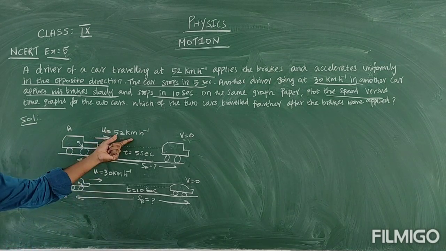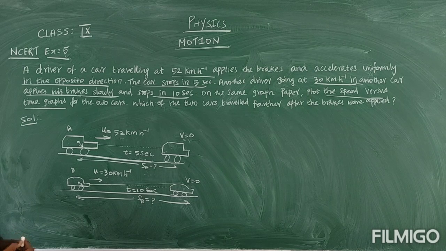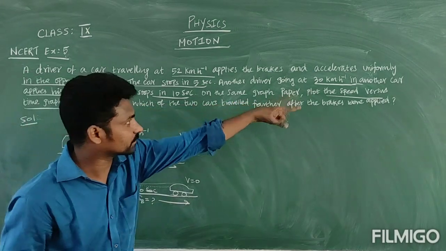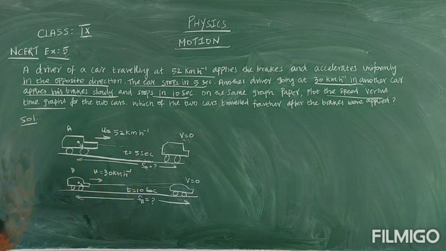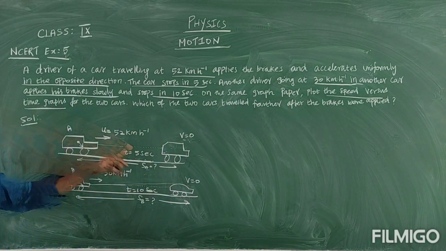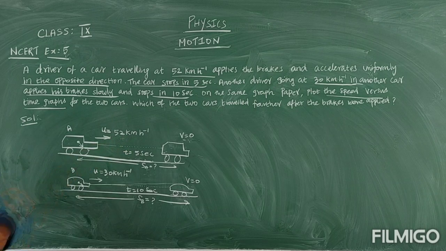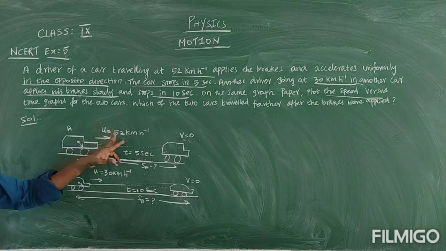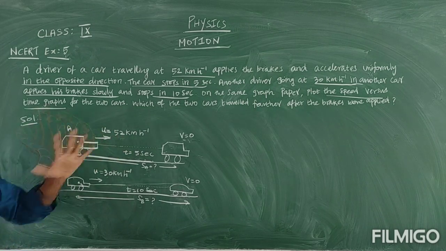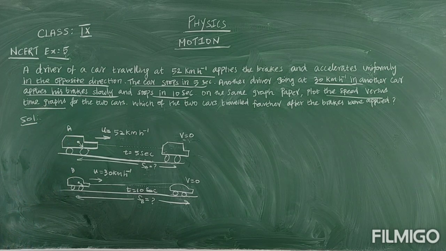But one more thing here: 52 km per hour is there, but the time value is in seconds, because the graph is between speed and time. So the time value is in seconds but the speed value is in kilometer per hour. So the speed value we should convert into meter per second first. That is the first work.